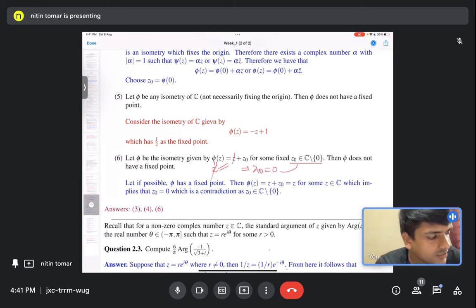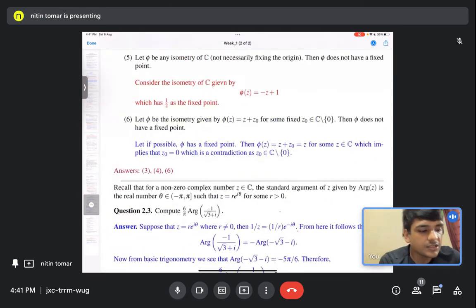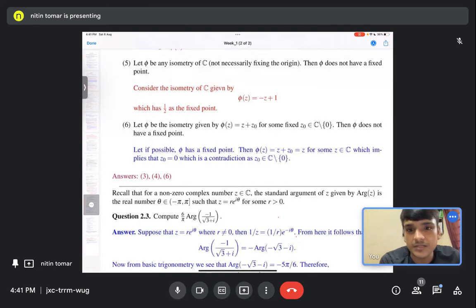But this is a contradiction. Why? Because z naught is assumed to be non-zero. So the statement that phi does not have a fixed point is true, because otherwise z naught will become 0. So up until question 2, if someone has any doubt, please ask, because these were the long questions. Now everything is easy.